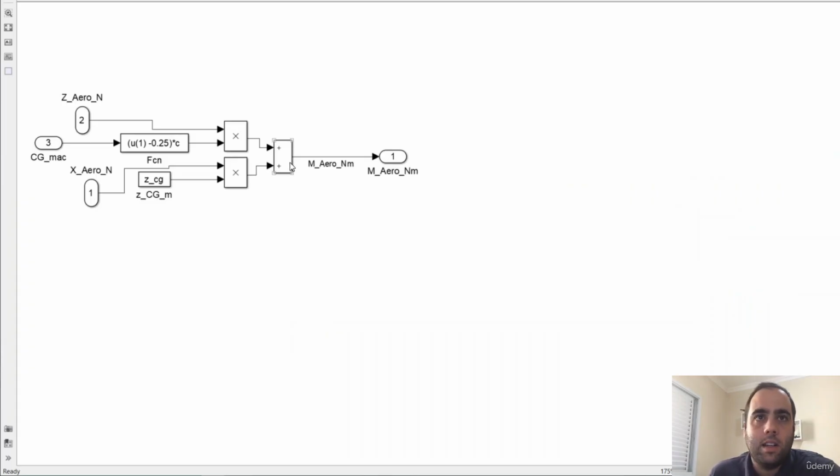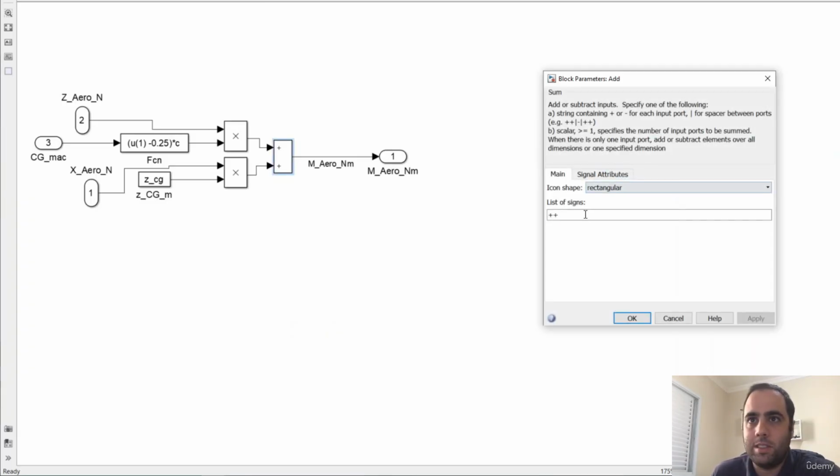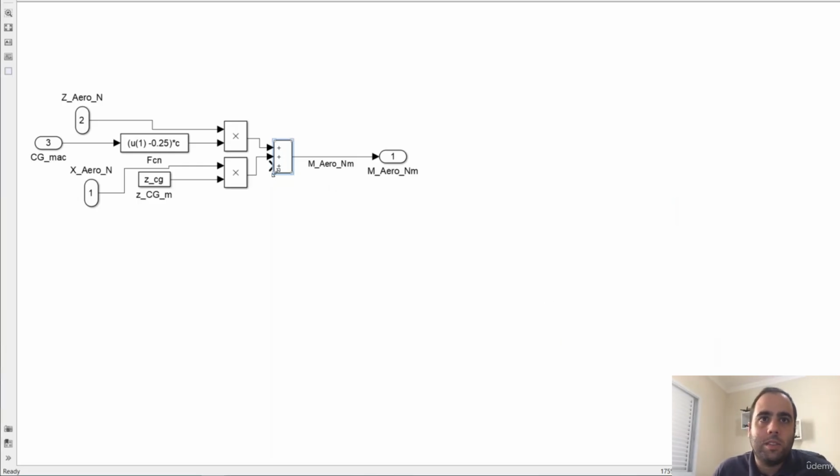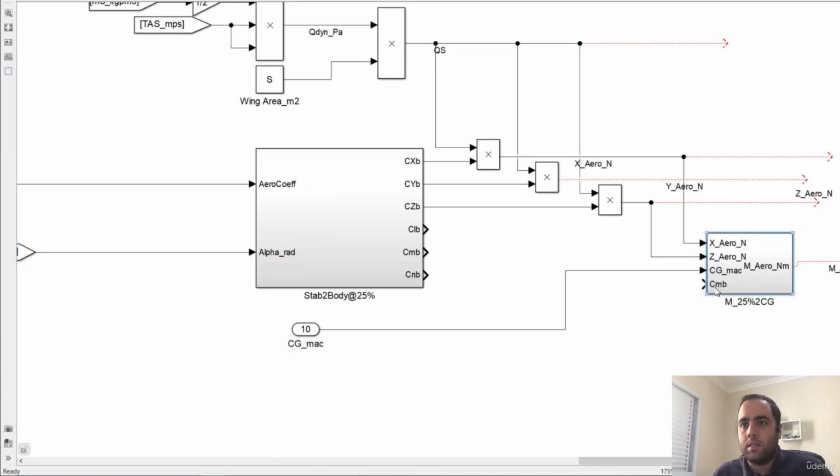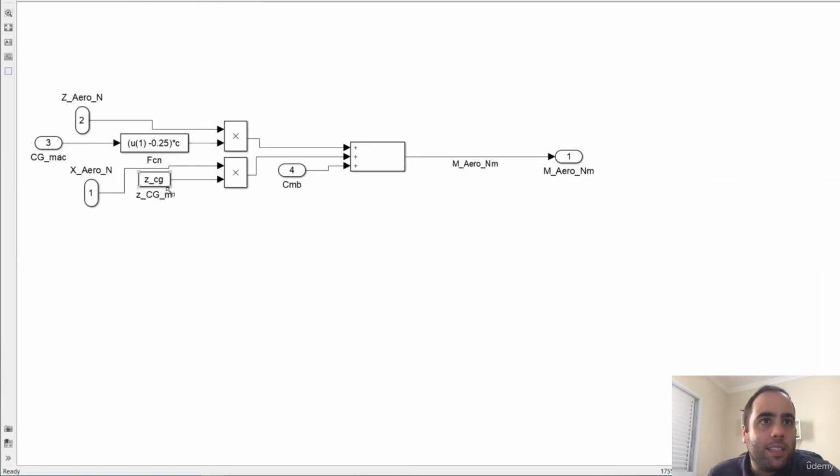Well, I forgot to add the most important, which is the moment itself. So we'll need to add the moment here at 25%. So it's the CM body. But actually what I need here is not the moment coefficient, it is the moment itself.